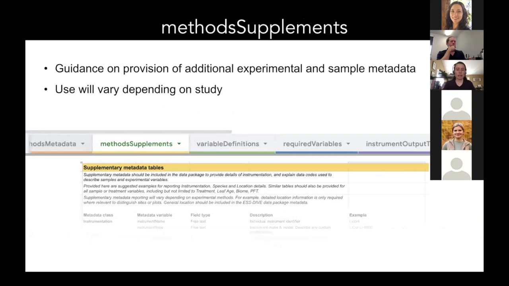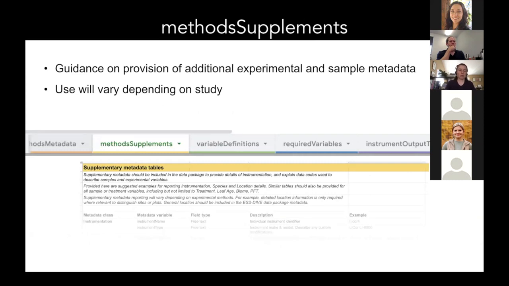The next part is a guide to submitting additional metadata. This is going to be really variable depending on the particular experiment. But it's a guide on how to include metadata, say about specific codes that might be included in your data sheets for species or plot definitions, or describing your instruments, including information such as instrument calibrations.